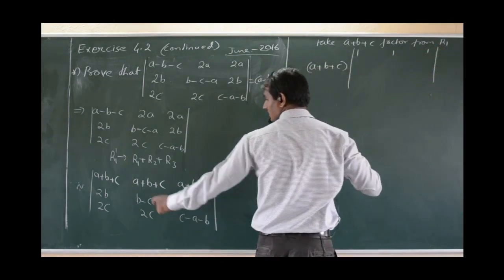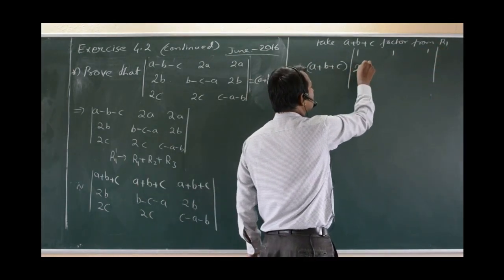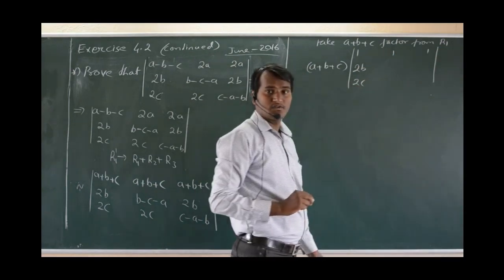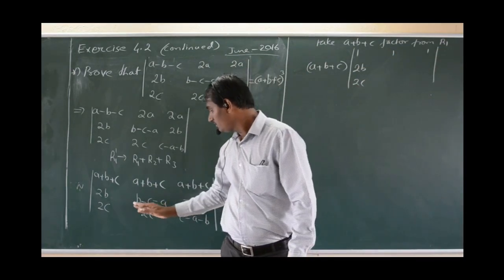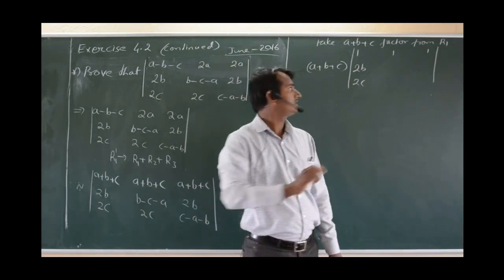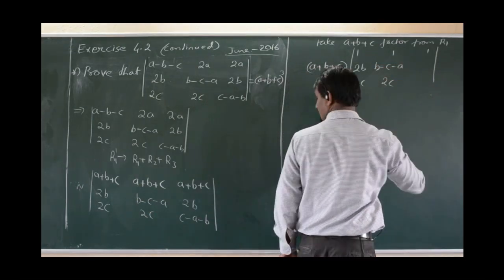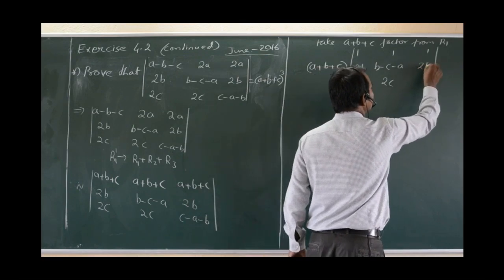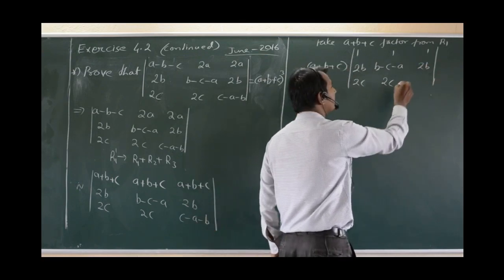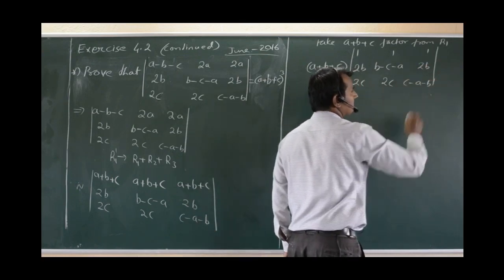The remaining rows I write as they are: 2b, b minus c minus a, 2c; and 2b, 2c, c minus a minus b.